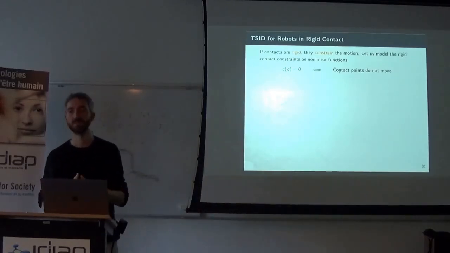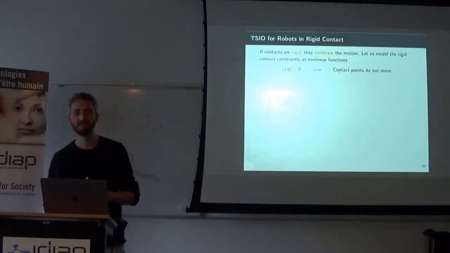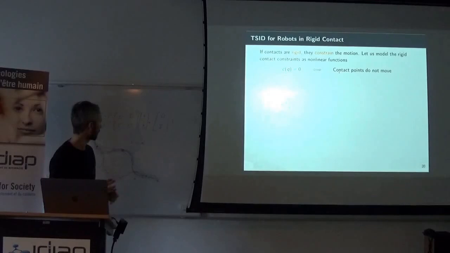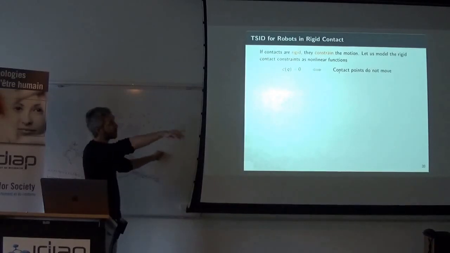So you're not considering sliding on the contact, like slipping? Maybe that's possible, but I haven't seen people doing that. I should think about it. But no, basically once you're in contact, you stay in contact, and once you want to break the contact, you just don't model the contact anymore in psij.